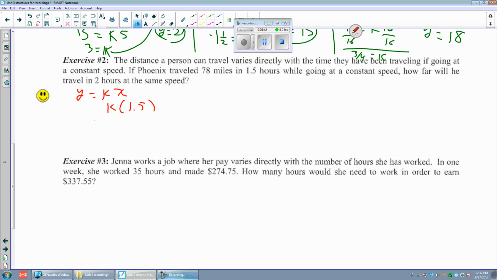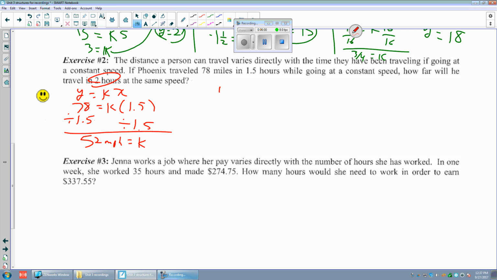K times 1.5 hours equals 78 miles. Divide by 1.5. 52 miles per hour is the rate of change.